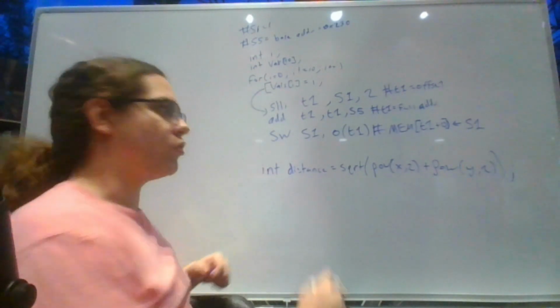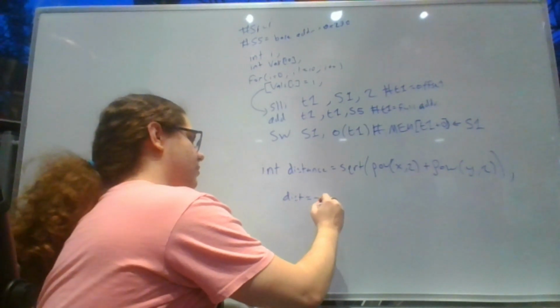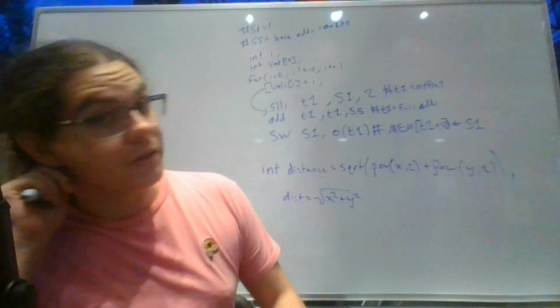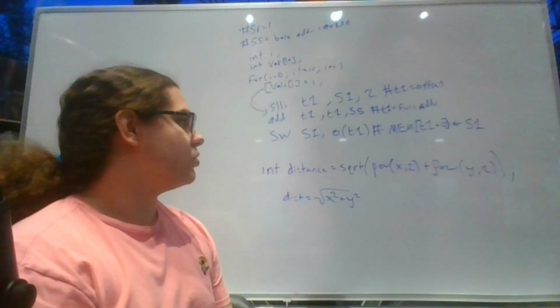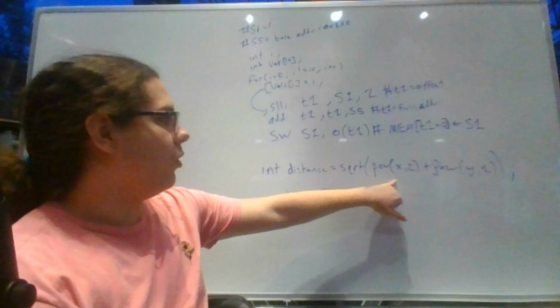Right, this is the distance formula. And I wrote it in one line of C code, but I'm sure you can imagine that there's quite a bit going on here in assembly. Yeah.